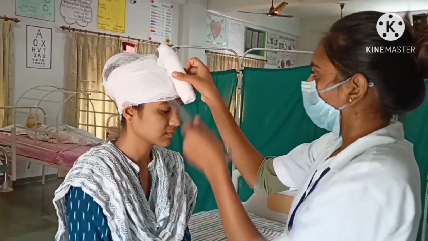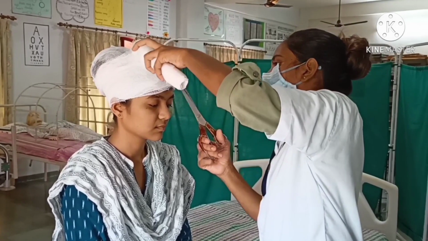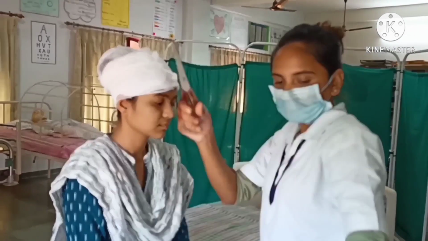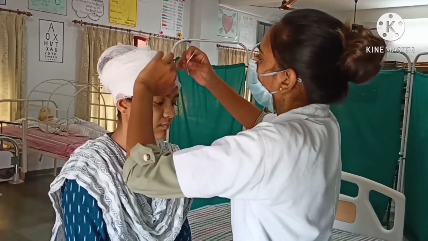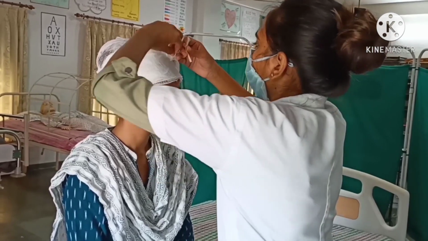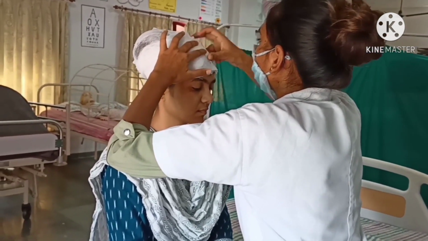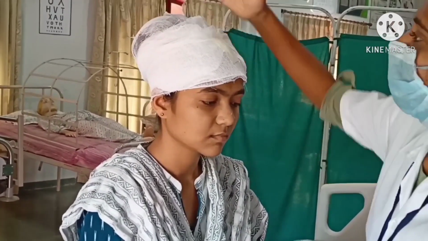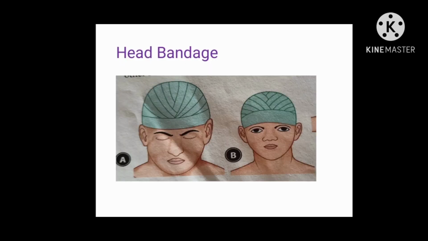Cut the bandage with the use of scissors and apply adhesive tape. This is the head bandage. The whole head is covered with the bandage. And last, this is the image of head bandaging.